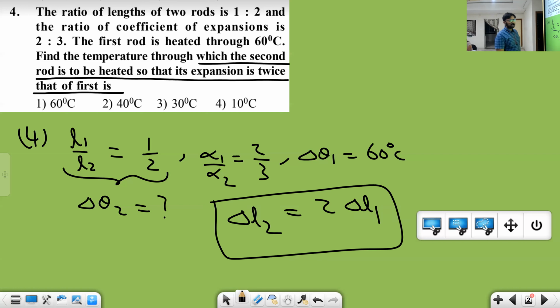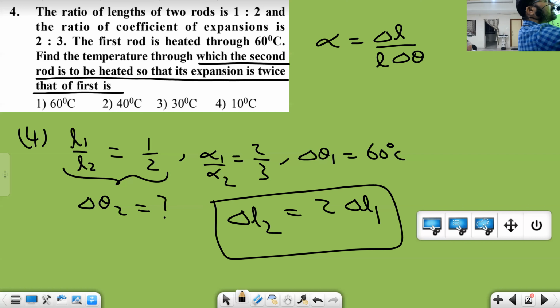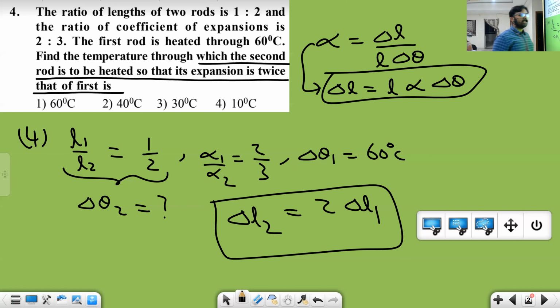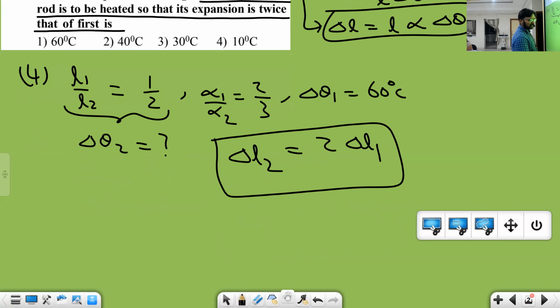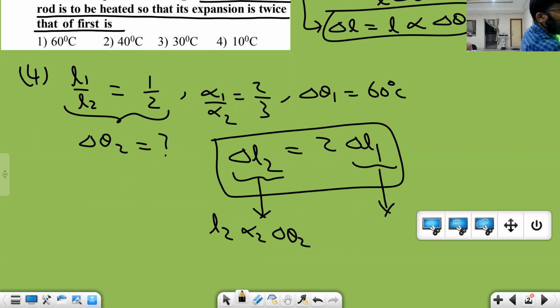So what I heard, sir, generally there is a formula, alpha is change in length by original length into temperature difference. From this, delta L is L alpha delta theta. So from this information, what I understood here is, please check it out here. So this delta L2 is nothing but L2 alpha 2 delta theta 2. And delta L1 is what?